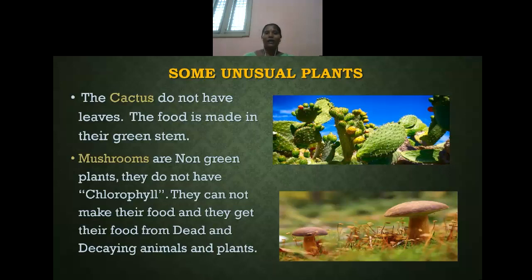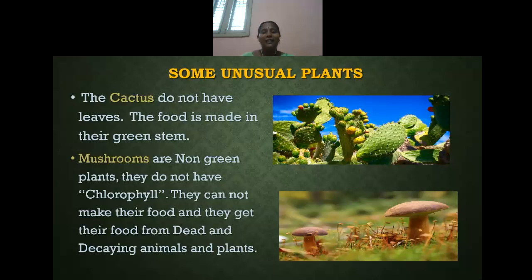Clear? Okay. Next topic is mushrooms. Mushroom is also called an unusual plant. Why is mushroom called an unusual plant? First of all, what is mushroom? Where can we see the mushroom? Mushroom is an umbrella-like structure, we know very well.